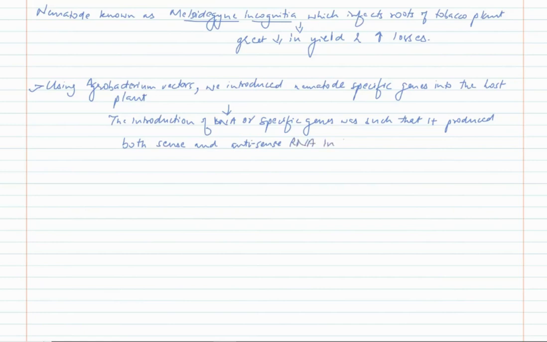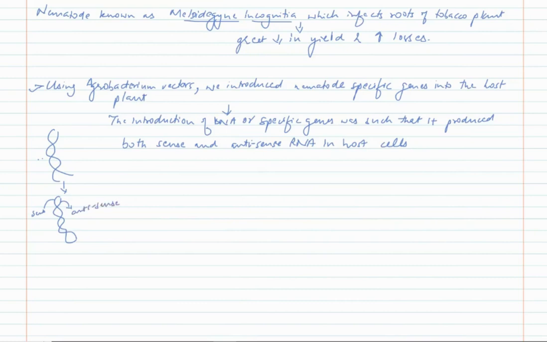Now normally what happens is, suppose this is a double-stranded DNA molecule. When it is transcribed, only a single-stranded mRNA is produced. Now we introduced the Agrobacterium vectors, with genes specific to nematodes, such that a double-stranded RNA was produced. One strand is known as the sense strand and the other is known as the antisense strand.